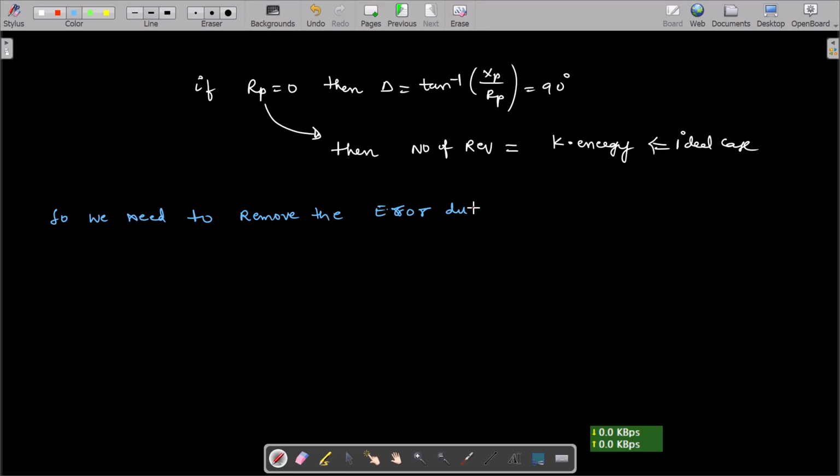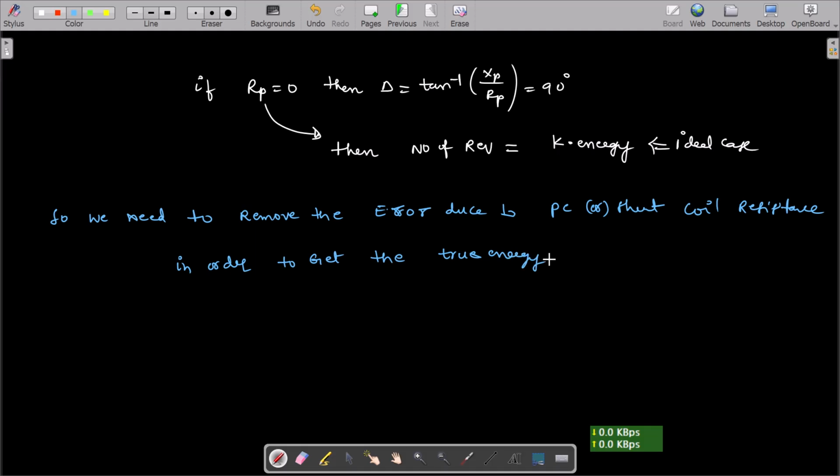This is all about the braking torque developed in the energy meter. Thank you.